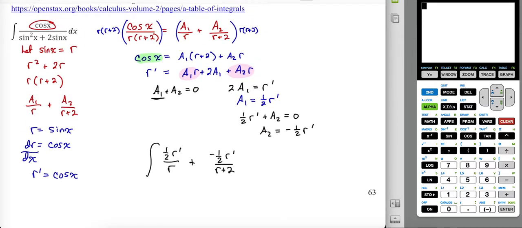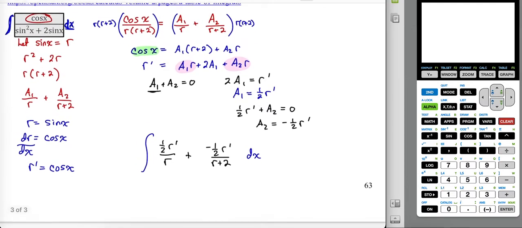Rewriting that, and also bearing in mind that this is just a substitution for this piece here, would imply that I would have an additional dx along for the ride. So I'll put that integral in blue to indicate that those correspond with the things that we didn't evaluate with the partial fractions.